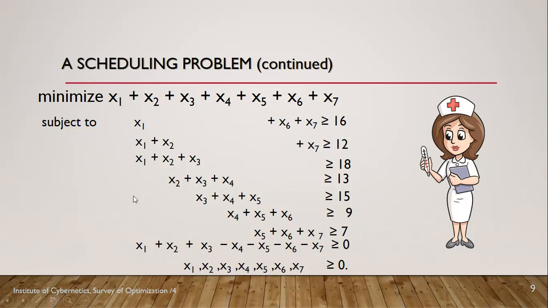This line reflects the requirement that at least half of the nurses need to have weekends off. And the last line reflects the requirement for non-negativity of the decision variables.